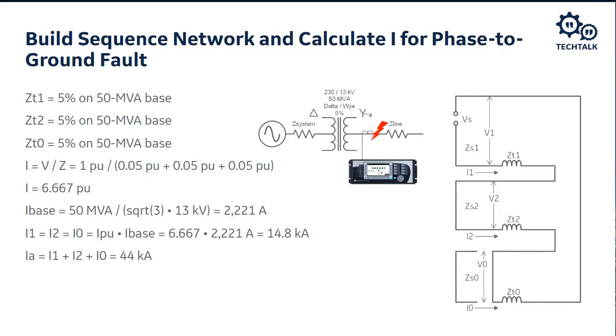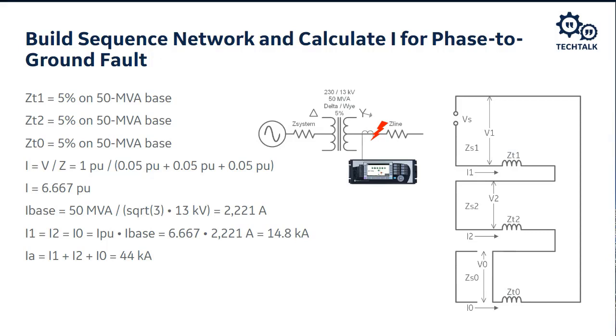So I know that I1 equals I2 equals I0, and they're all equal to 6.667 times 2,221 amps, which is 14.8 kA for I1, I2, and I0.